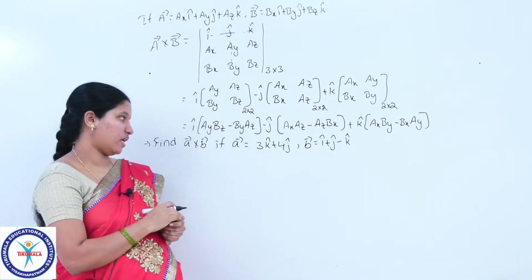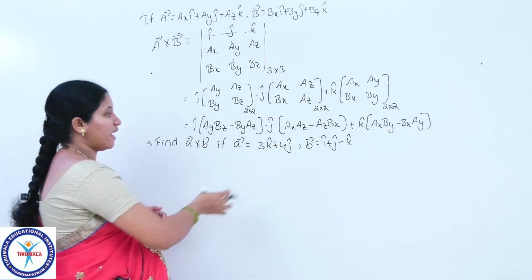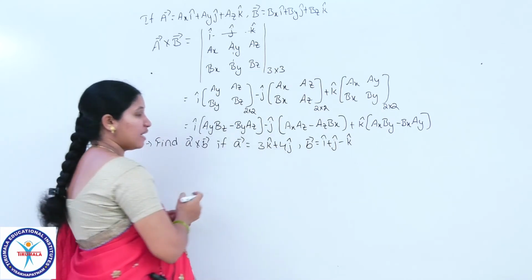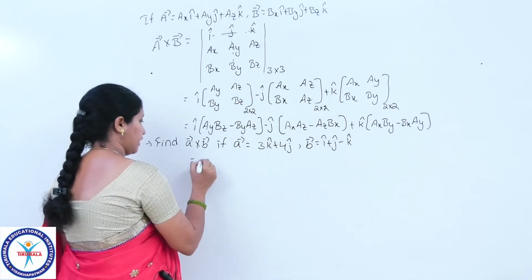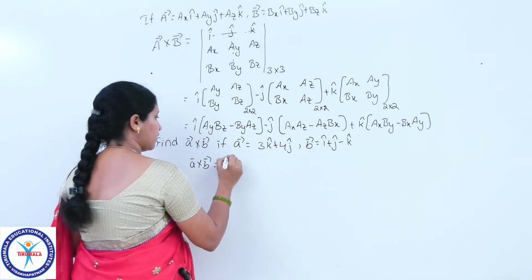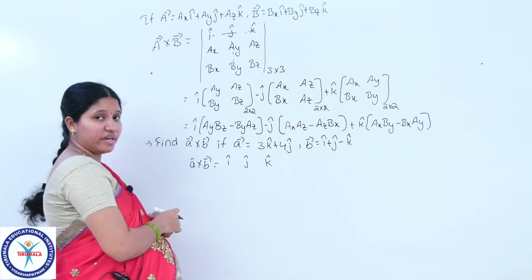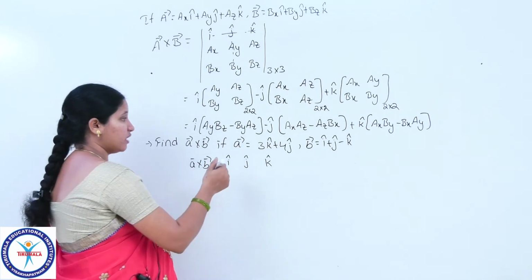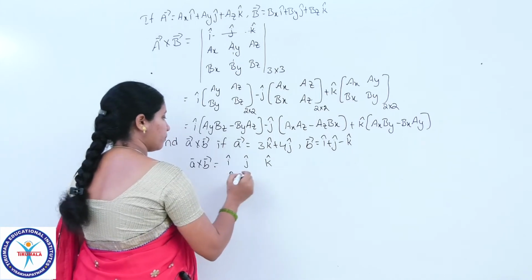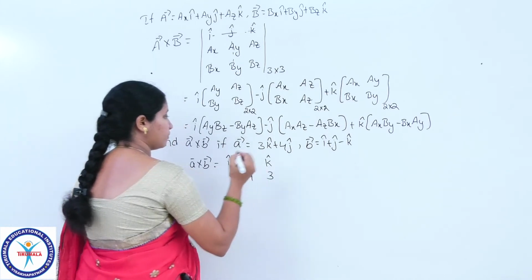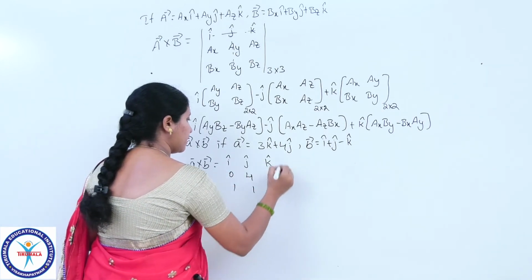So, let us see one problem, how to solve for a bar cross b bar. Write a bar, b bar and the unit vectors in the form of a matrix. So, we get a bar cross b bar is equal to I cap j cap k cap, and now write the elements of the first vector, that is 0, 4, 3. Next, the second vector 1, 1, minus 1.